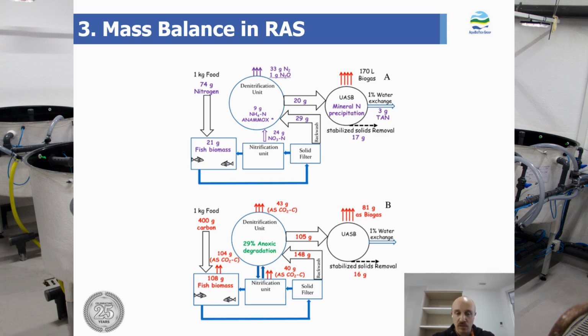This is very important because it's the only way we have to understand how to design and run a RAS system properly. It is also important to understand that RAS systems are mainly designed upon the amount of feed given rather than the amount of fish.